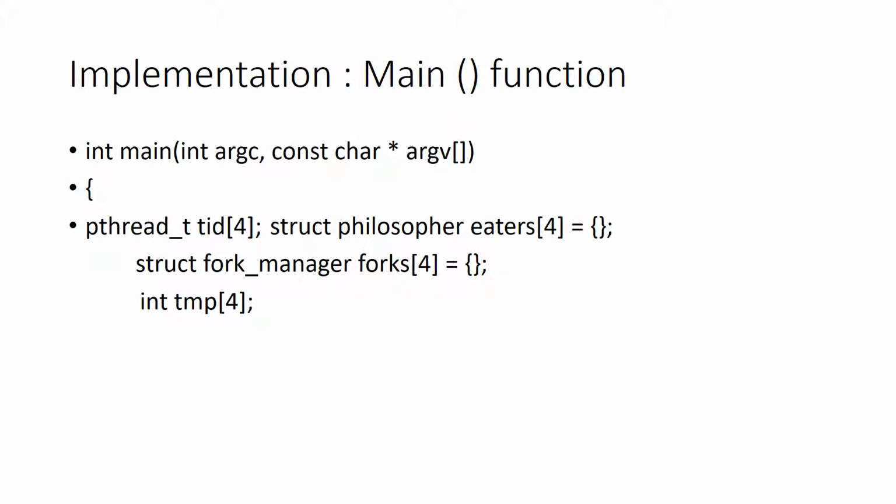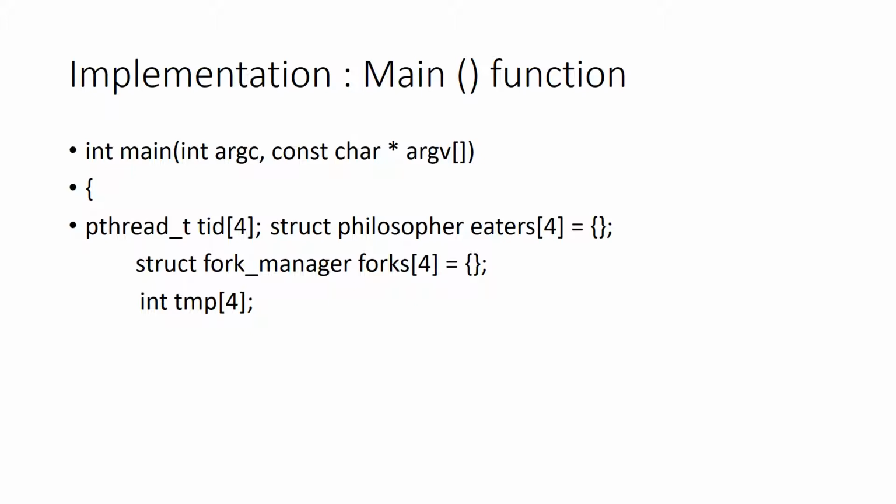Finally, the main function provides the 4 arguments for the minimum and maximum eating and thinking times. And here is how the threads are created. Each thread has a thread ID from a 4-element array.